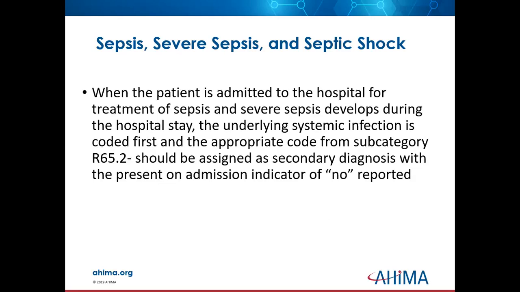When the patient's admitted for treatment of sepsis and the severe sepsis develops after they're hospitalized, in other words, during the hospital stay, the underlying systemic infection is going to be coded first. And then, of course, the present on admission indicator of no would be reported, because the severe sepsis developed after the patient was admitted.